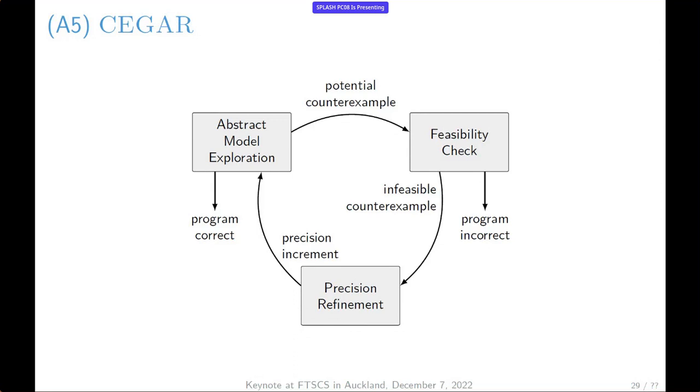So we learn how to improve the abstraction of the program, to refine it such that we are closer to the actual C semantics, right? And this goes on until either we are out of resources or timeout or so, or we have either this or this answer, which surprisingly often happens.